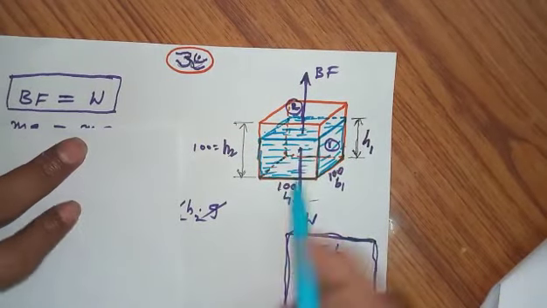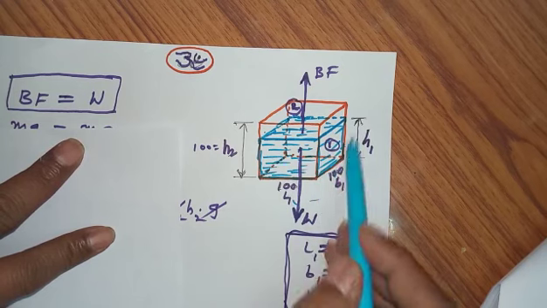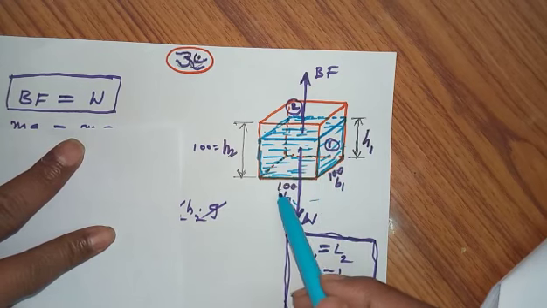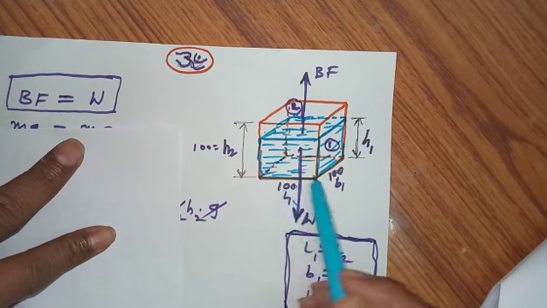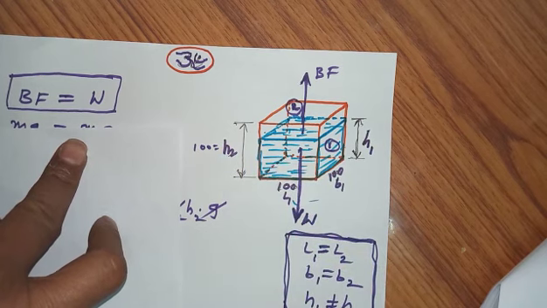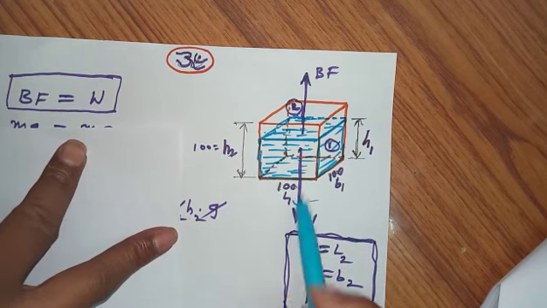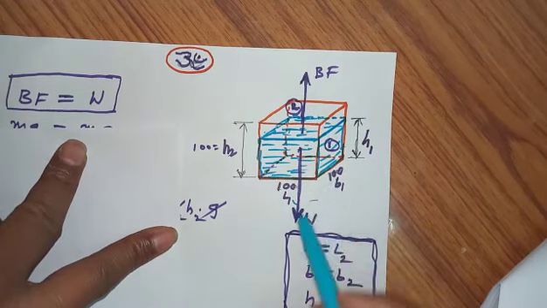So assume this is the solid body. This is the liquid replaced, H1. Length 100 mm, breadth 100 mm, converting into meters, 0.1 meters. So the upward buoyancy force is equivalent to the downward total weight of the body.